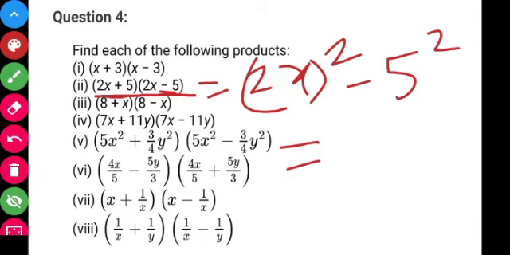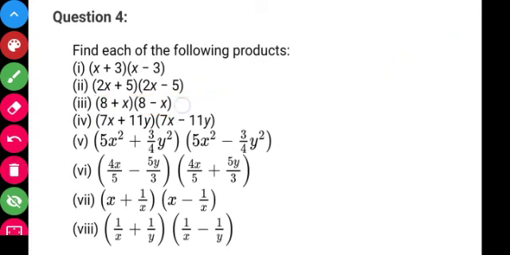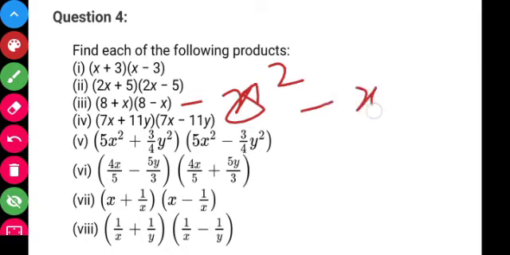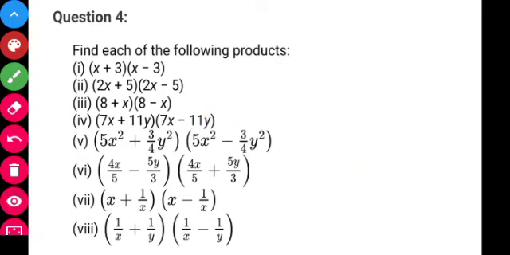So 2x square will be 4x square minus 25. I hope you are understanding. Similarly this also, 8 plus x, 8 minus x, so it will be 8 square minus x square. So 8 square is 64 minus x square. You can do other parts also.